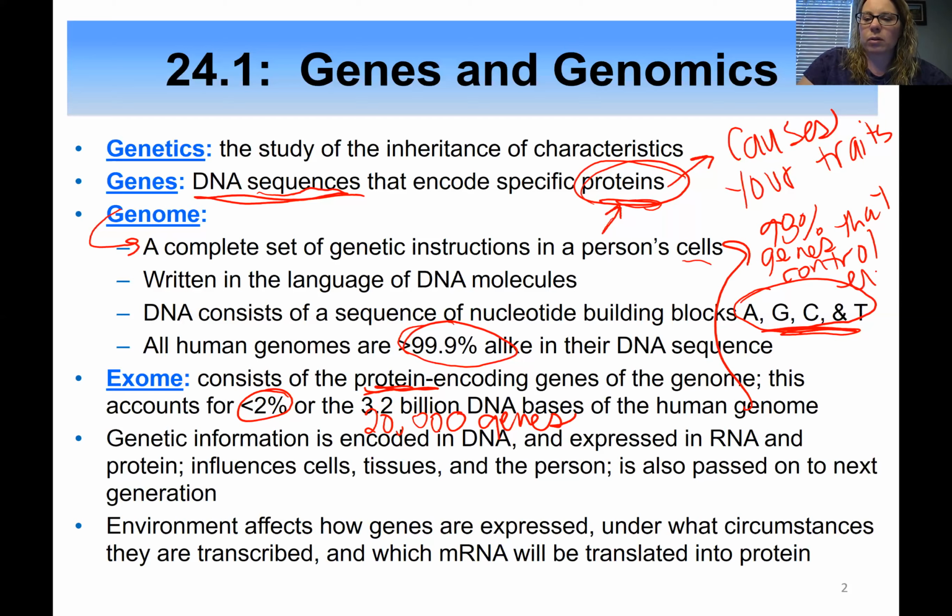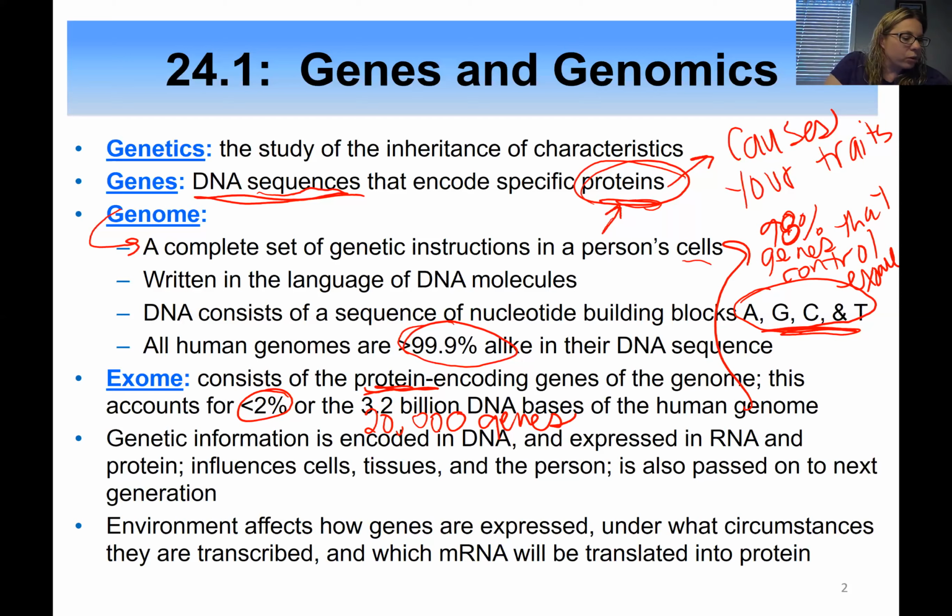The other 98% are the genes that control when and how those 2% of the genes, the exome, are going to be made into proteins.